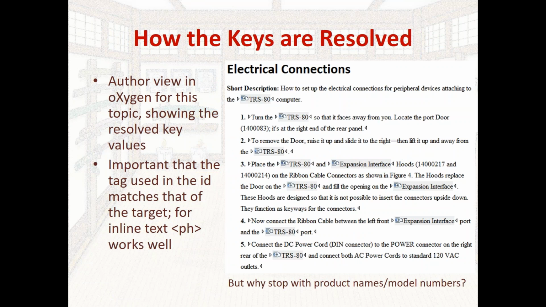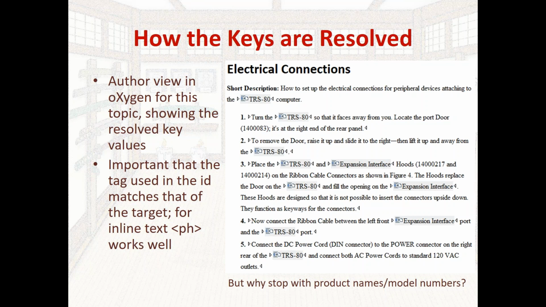Of course, the nice thing about Oxygen or other DITA capable editors is that they will show where key values are in fact being resolved, and that's exactly what you see with the little icons beside the TRS-80 and the expansion interface. While it's not here, in this case Radio Shack is also thrown in as another example of a key value.